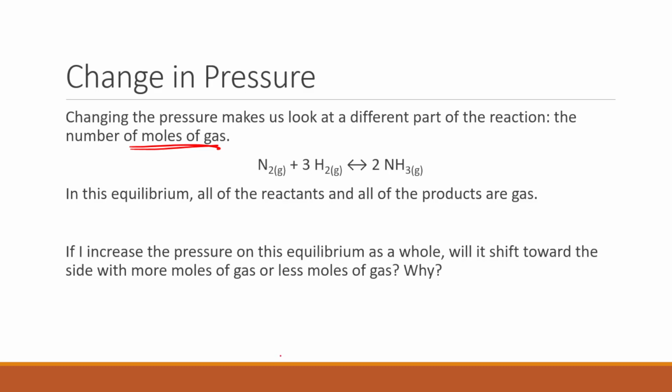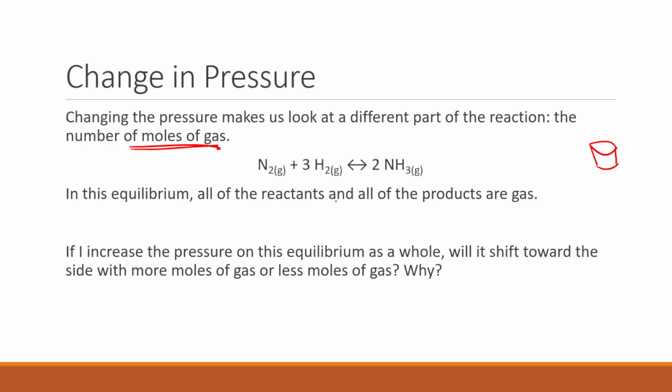If you increase the pressure, if you take the container and shrink it down and squeeze it down, you are going to force the equilibrium to move towards the side that takes up less space. If you squeeze and squeeze and condense that equilibrium down, you are going to force the reaction of the bigger thing to become the smaller thing.